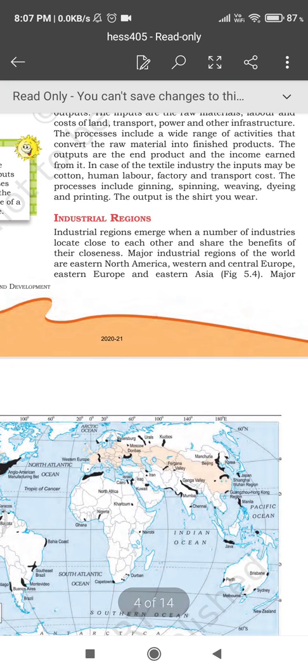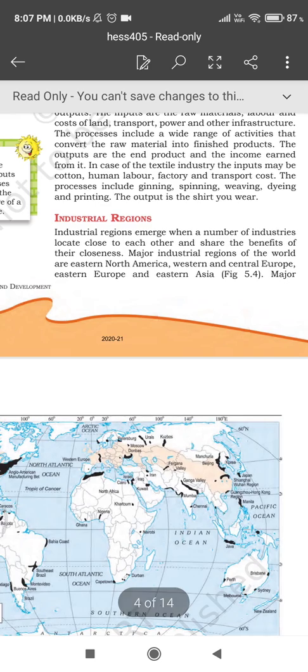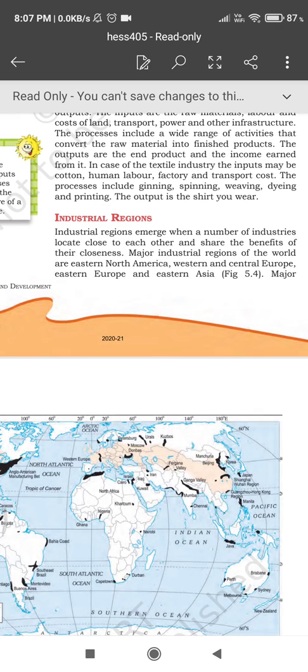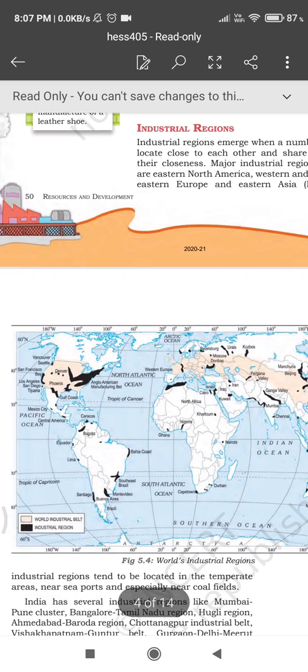North America, Western and Central Europe, Eastern Europe and Eastern Asia are the major industrial regions that you can see in this map. Places which are shown with black colors are major industrial regions where more industries are established.